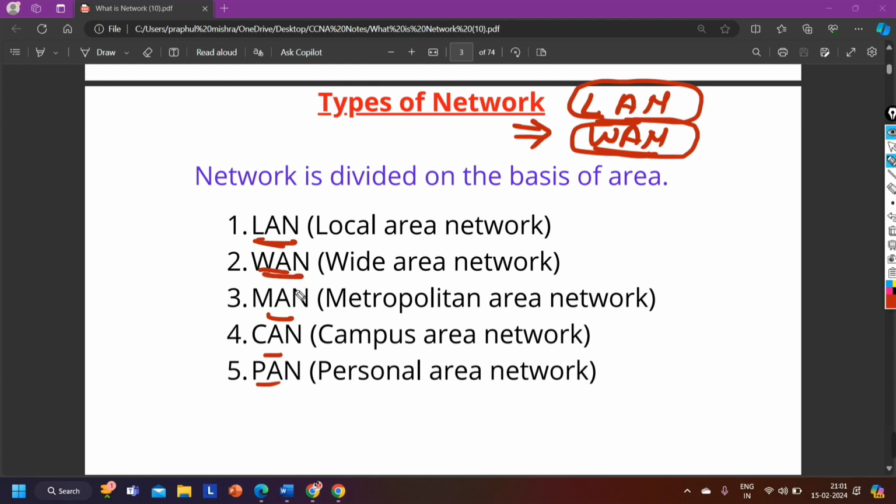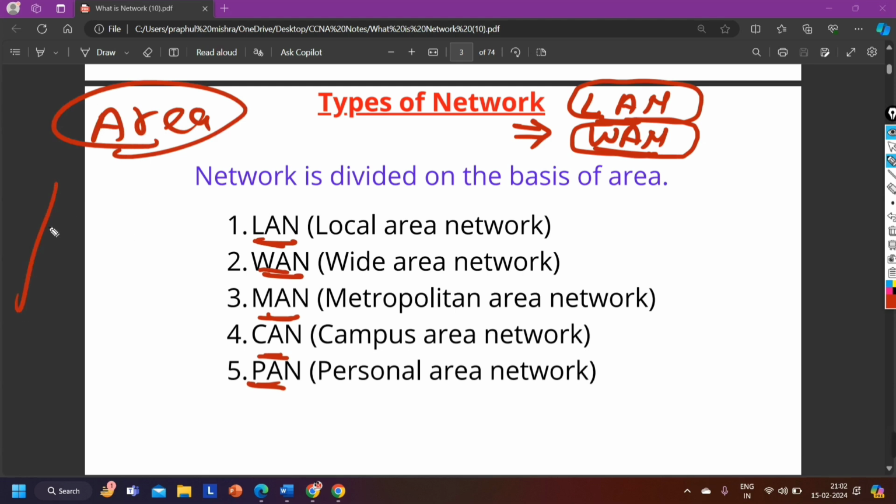First one is LAN, local area network. Second one is WAN, wide area network. Third one is MAN, metropolitan area network. Fourth one is CAN, campus area network. And fifth one is PAN, personal area network. So we divide network on the basis of area, right?